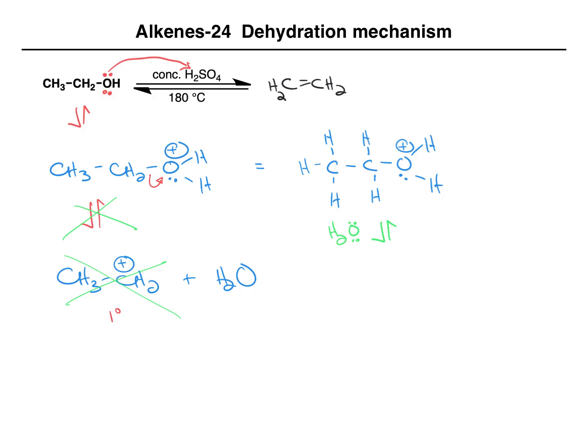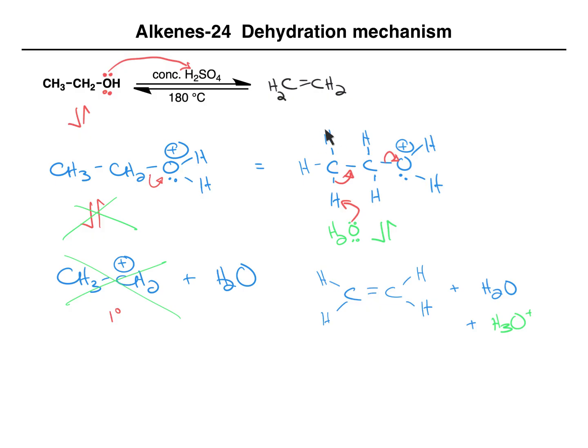So water can grab off one of these protons, allowing these electrons to fold in here to form the double bond, pushing away water as the leaving group. That will give us the alkene plus water plus H3O+.